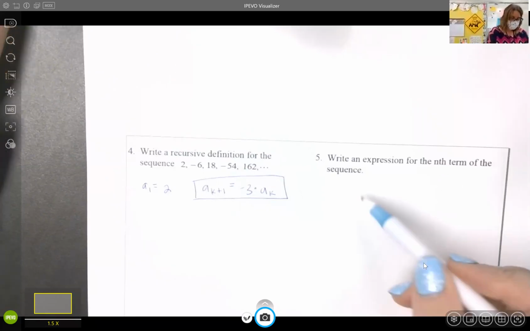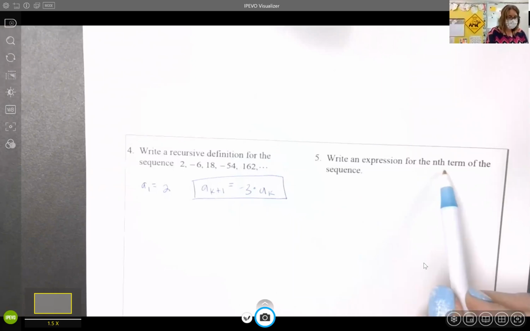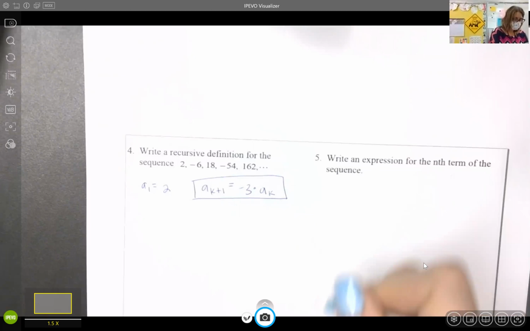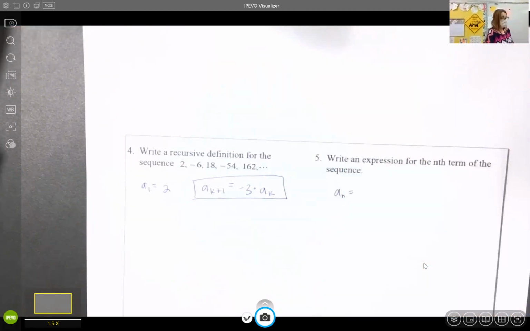Now this says, write an expression for the nth term of the sequence. So the nth term is the standard formula or the basic formula. I need a formula so that when I plug in a 1 for the first term, I get 2. And when I plug in a 2 to get the second term, I get negative 6.